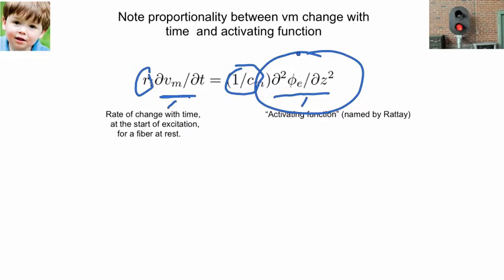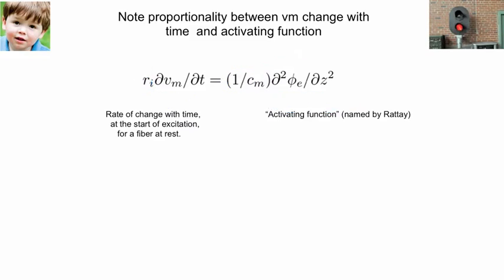This is a remarkable equation for another reason. Be sure to notice it. On the left-hand side, we have a derivative with respect to time. And on the right-hand side, we have a derivative with respect to distance.